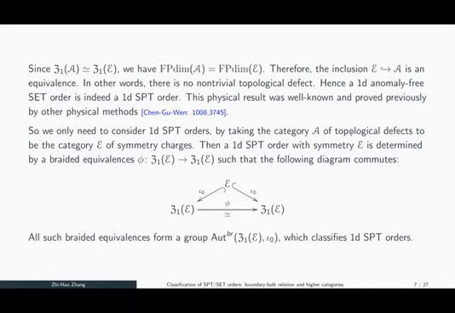And all these Brauer equivalences form a group denoted by this automorphism group. It is the automorphism group of the trivial center of E that preserves the embedding from E to the trivial center. And this group just classifies the 1D SPT orders. Recall that 1D SPT orders form a group, and it should be the same as this group.